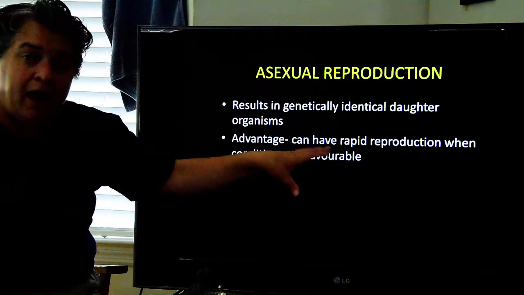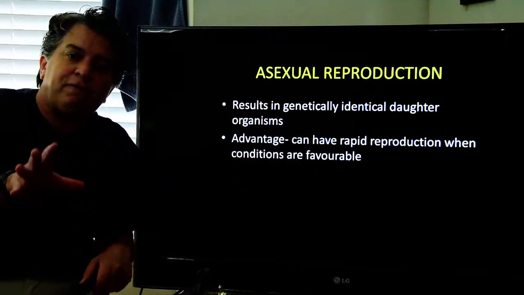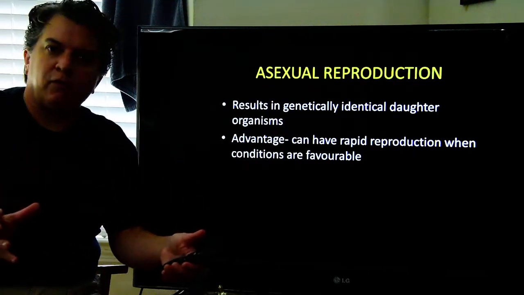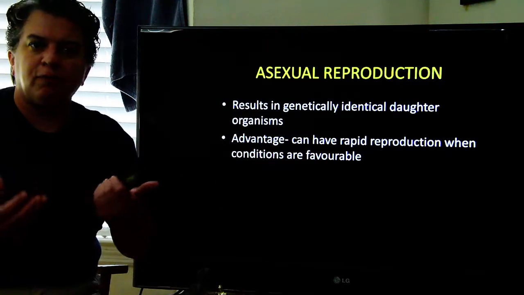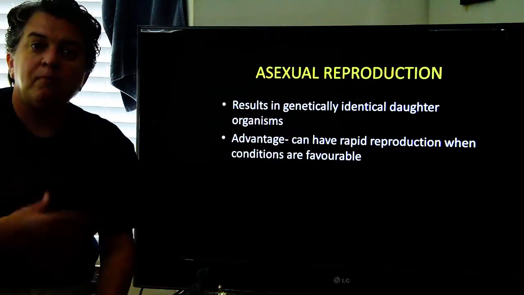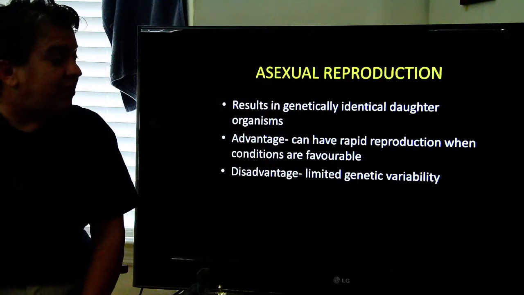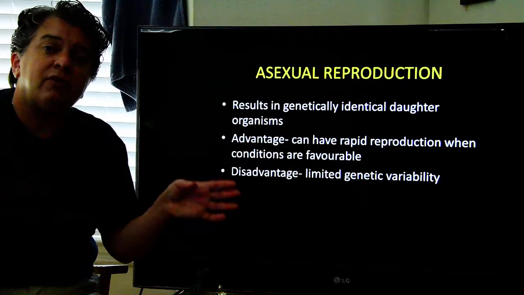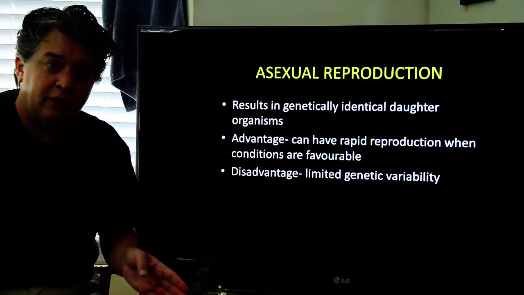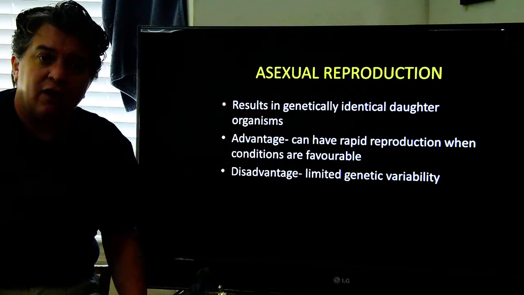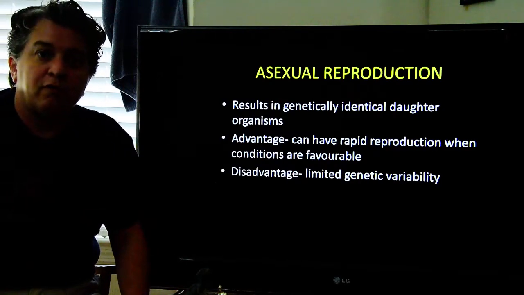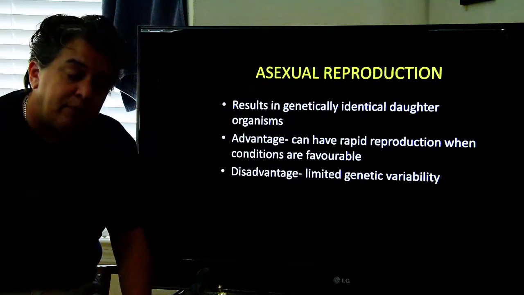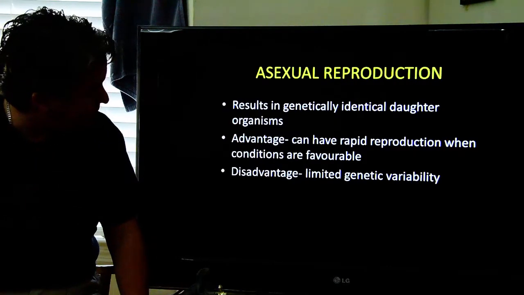You can have rapid reproduction when conditions are favorable. So if the conditions are really nice for whatever this organism is, you can have lots of reproduction and rapidly create many more of these organisms. The disadvantage to this is that it does produce limited genetic variability. So these things are not going to change as frequently or as quickly as other organisms because you have that limited variability in the genes.